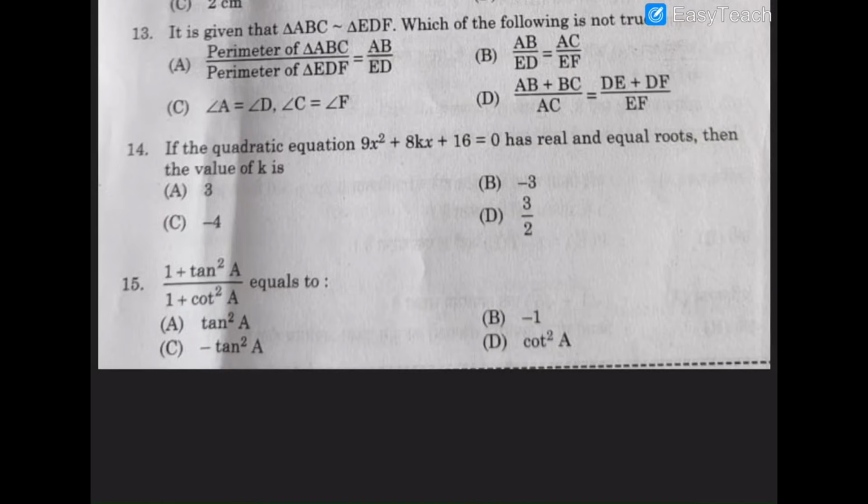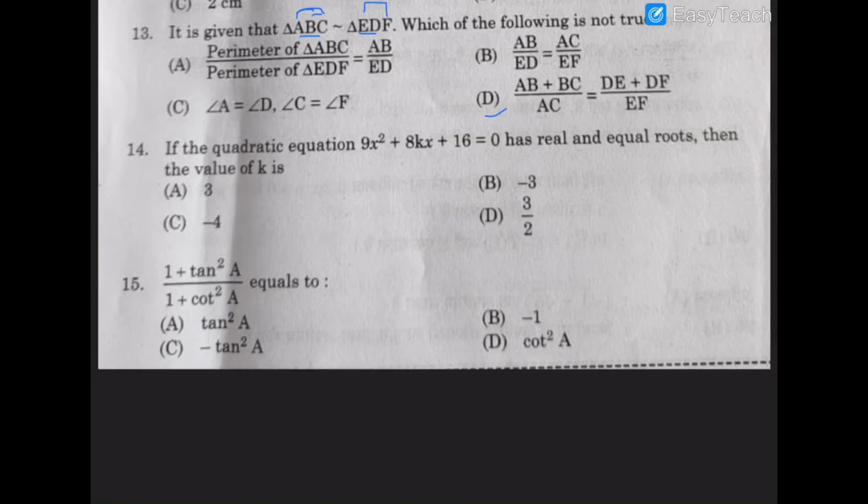Next one, in the given figure, triangle ABC is similar to triangle EDF. Which of the following is not true? As you see, the first option is correct. Perimeter of triangle ABC and EDF is AB by ED. This is also correct. AB by ED, BC by DF, AC by EF. This is also correct, and this is also correct.